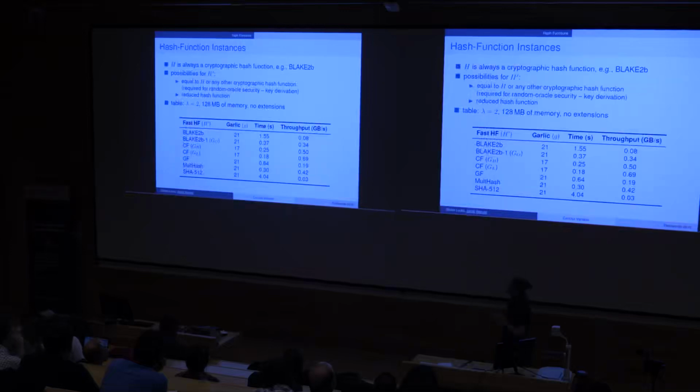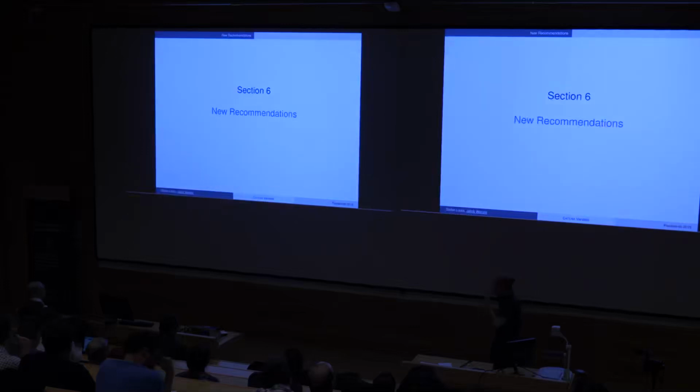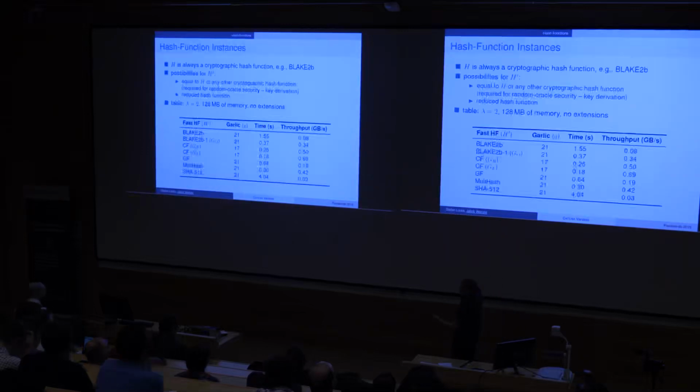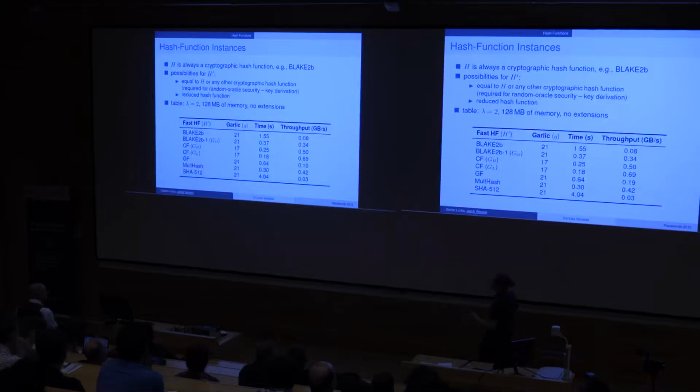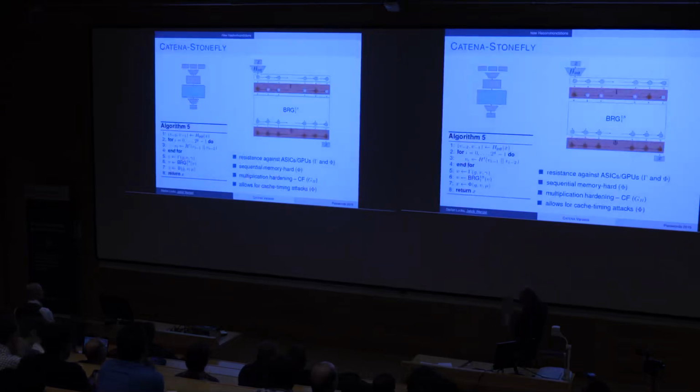This is just a comparison of the hash functions we use, but I will skip this. Here you can see that the fastest version is the compression function actually used in Argon with the Lyra function used inside. But I will skip to the new recommendations.